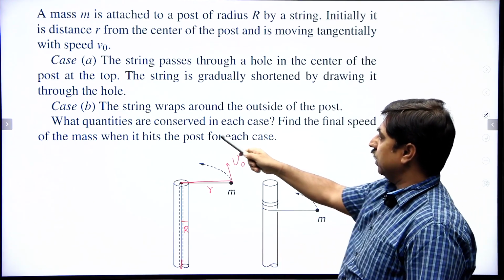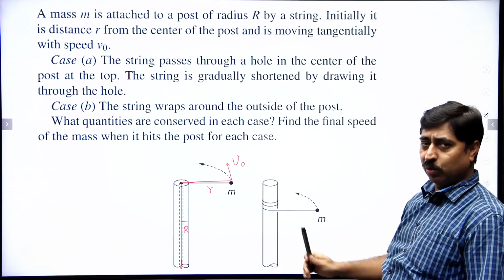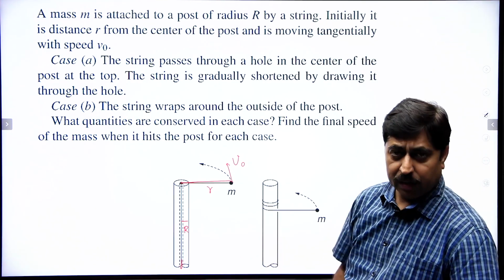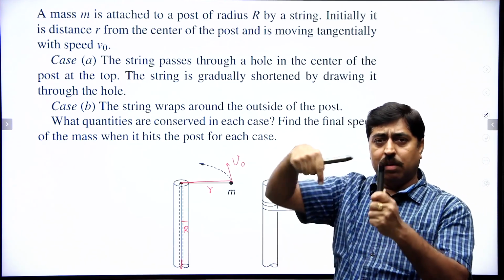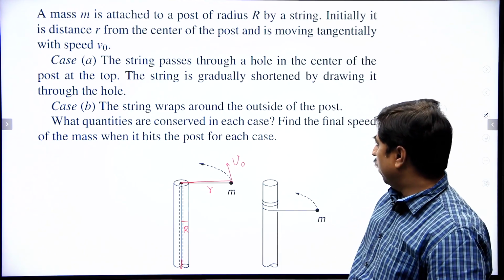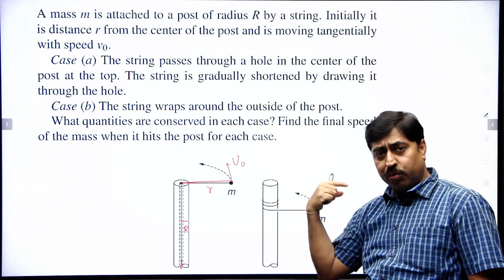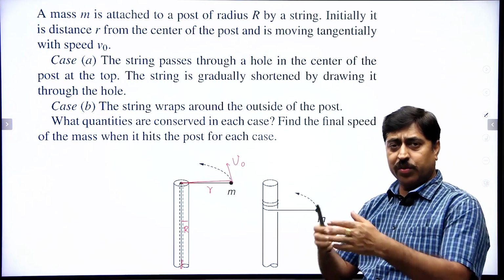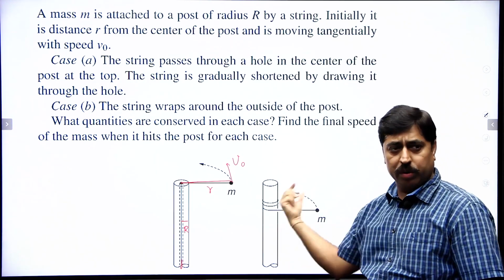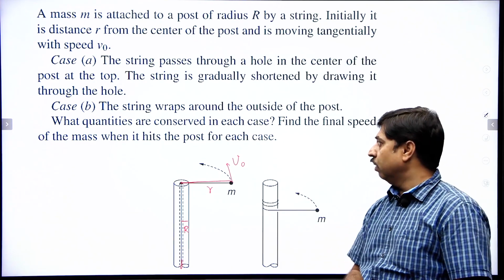Now, the second situation is that the string wraps around the outside of the post. In this second situation, the string has been wrapped around a solid cylinder like this. So, when the particle moves in a circular path, the string just wraps around this post. It just winds around the post.